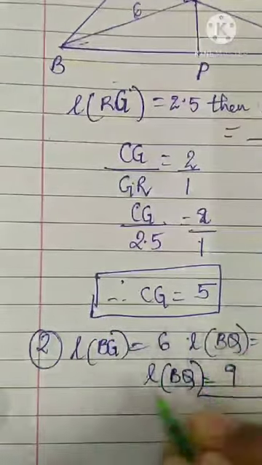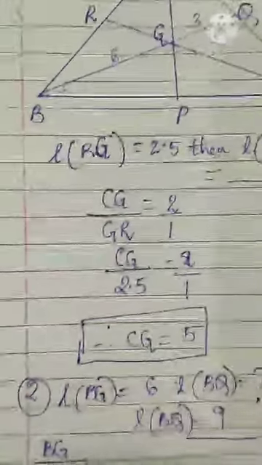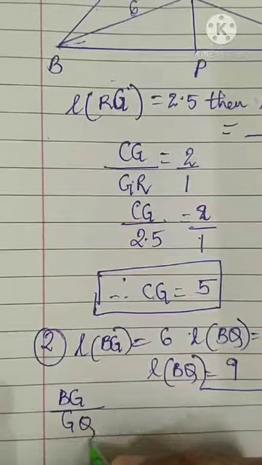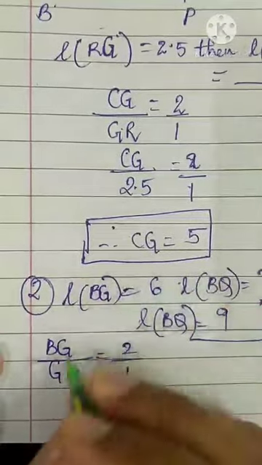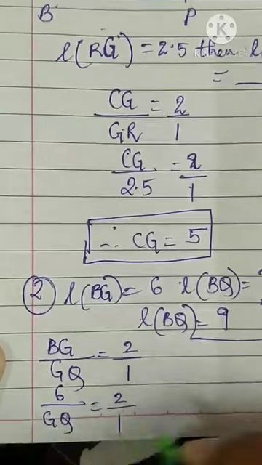Understood? Or if you want me to explain, BG upon GQ is equal to 2 upon 1. BG is given as 6. So GQ you will get, 2 upon 1.